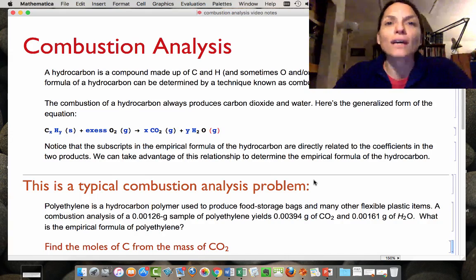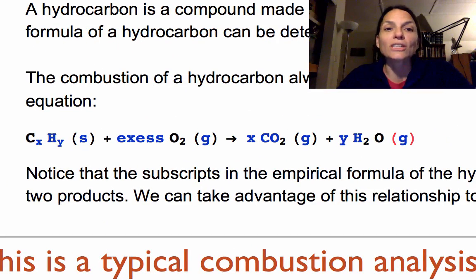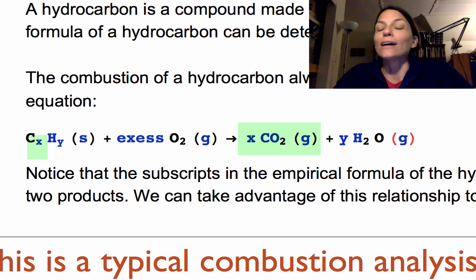If you look at the generalized form of this chemical reaction, you can see that the subscript for the carbon in the hydrocarbon is the same as the coefficient for the carbon dioxide that's produced.